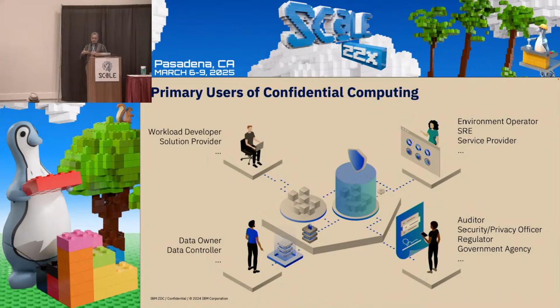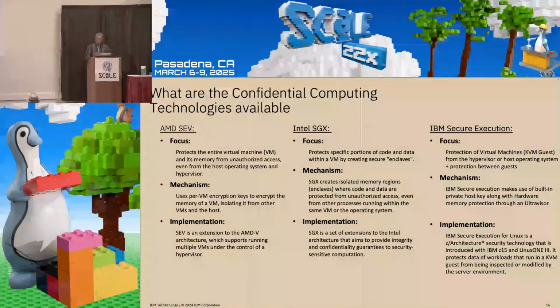And the auditor or security, privacy, data, or the government agency itself needs to have access to the data as well. So how do we streamline or control each of these personas to have their own specific set of access and not have more access than what they require for performing their particular role is also a key aspect.